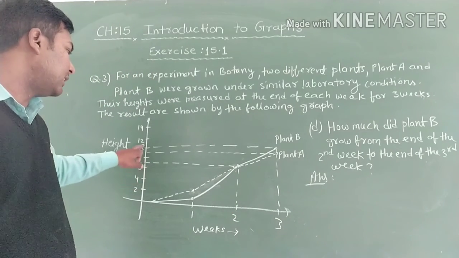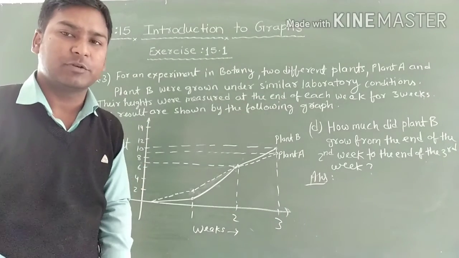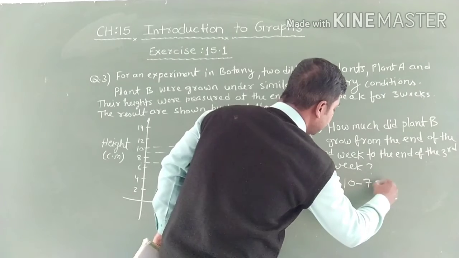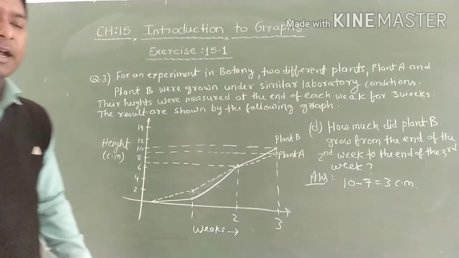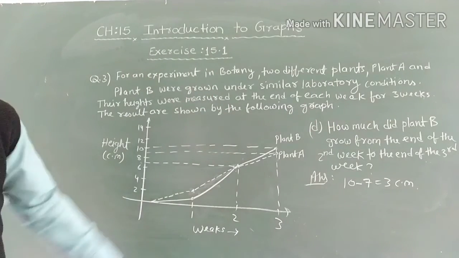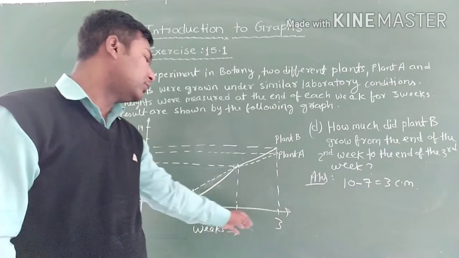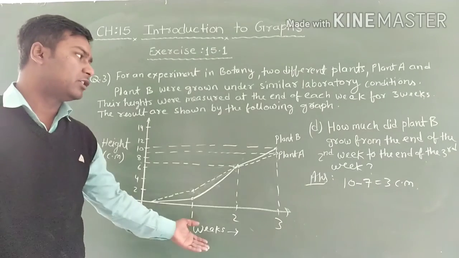So 10 to 7. What we have to find is the difference. So 10 minus 7, that is 3 centimeter. This will be the answer. The plant will grow 3 centimeter from the second to the third week. Okay, so this was the explanation of question number D.